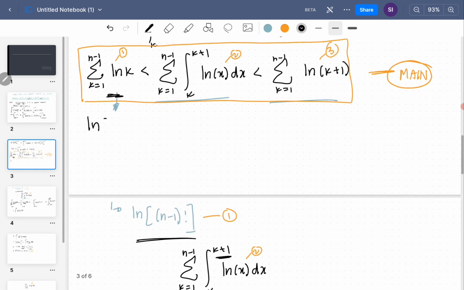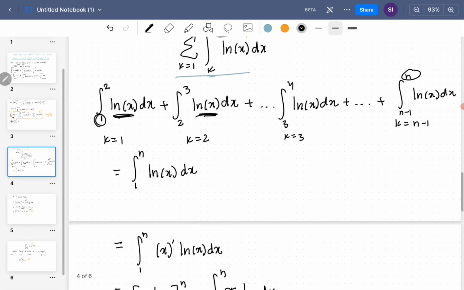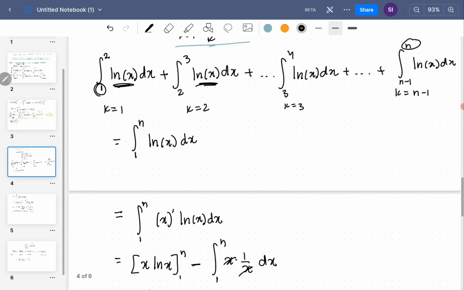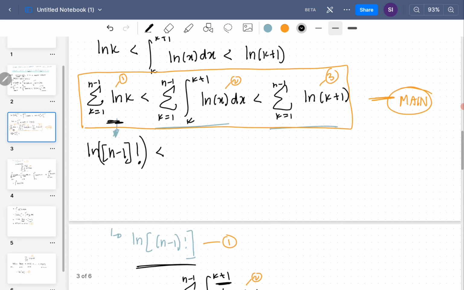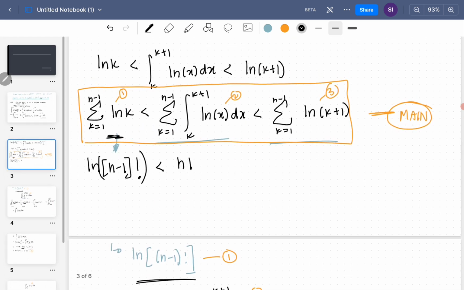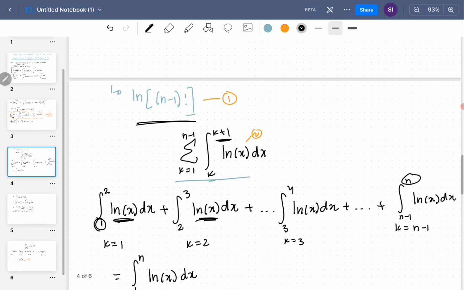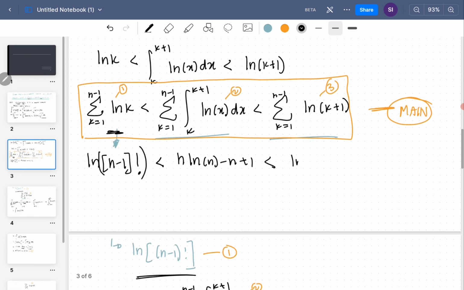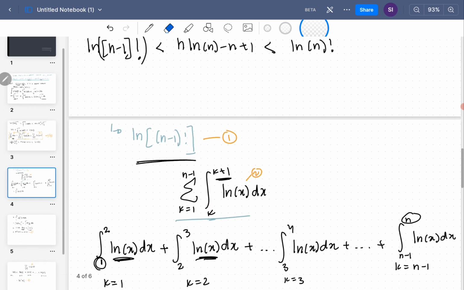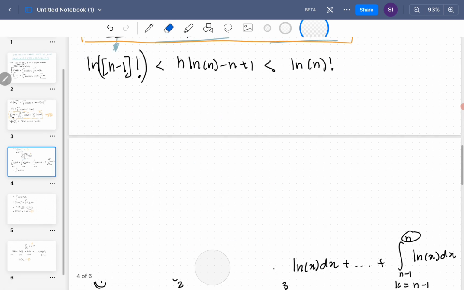Natural log of n minus 1 factorial is less than this 2, and for 2, we got this whole thing. And natural log of n minus n plus 1 is less than, for 3, we got natural log of n factorial. Natural log of n factorial.